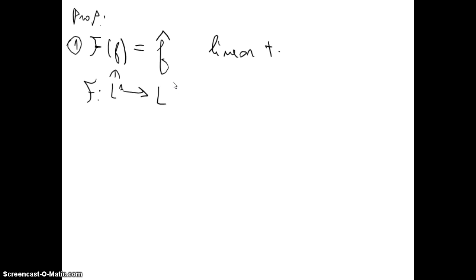Okay, so let's consider some properties of the Fourier transform that we just defined. First of all, the Fourier transform takes a function in L1. It's a linear transformation that goes from L1 to L infinity, always in Rn.